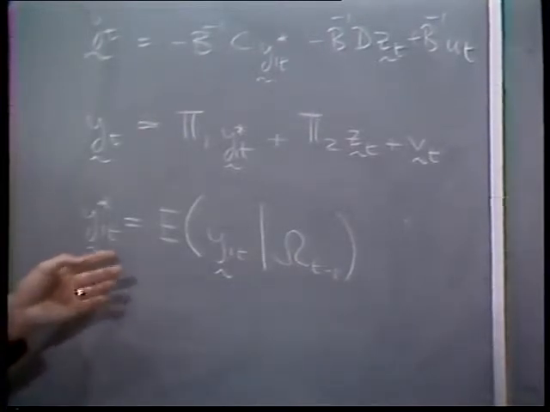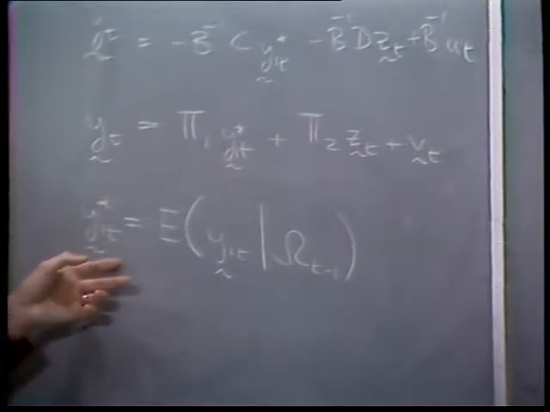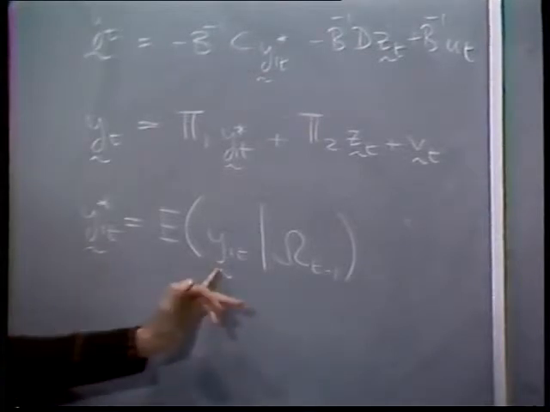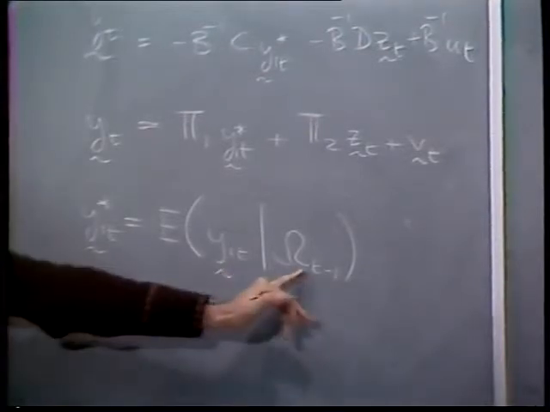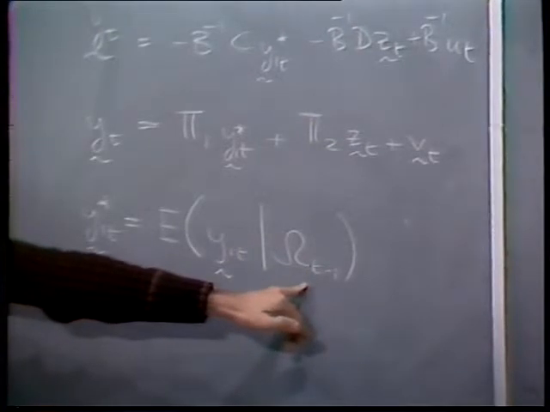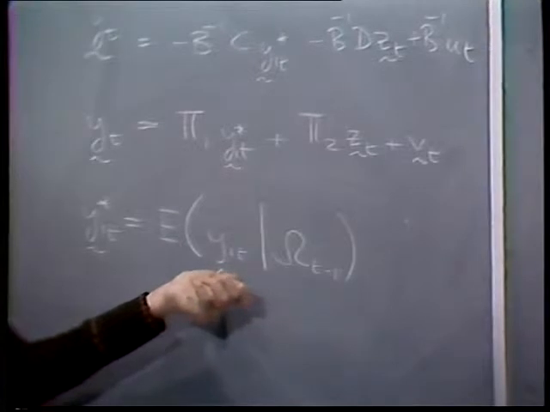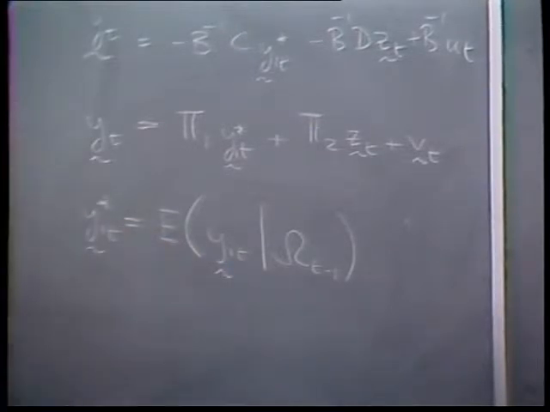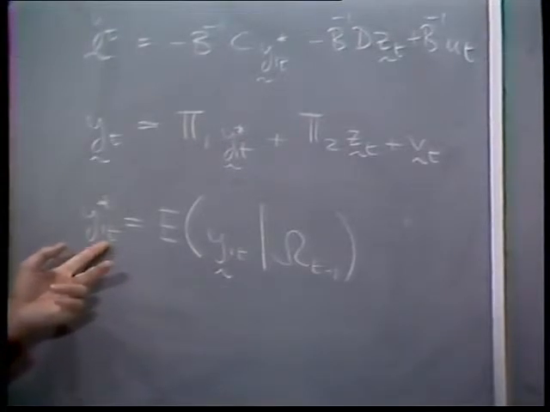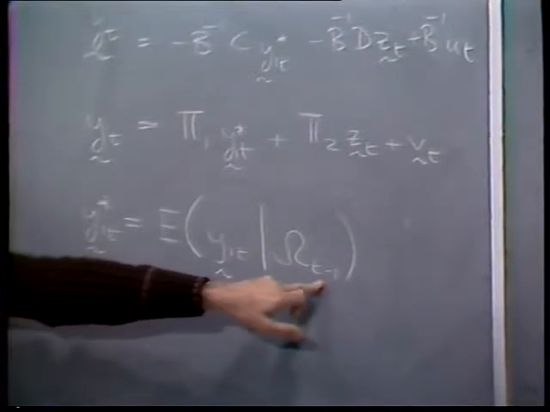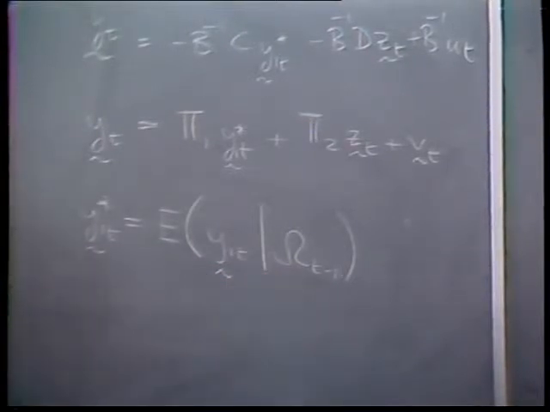Notice that there's no point in considering the generation of expectations simultaneously, in the sense that we will form the rational expectation of y1t using all information available up to time t, because the information up to time t would include yt or y1t. So this is the rational expectation of the variables y1t formed at t minus 1 using all the information available at time t minus 1.